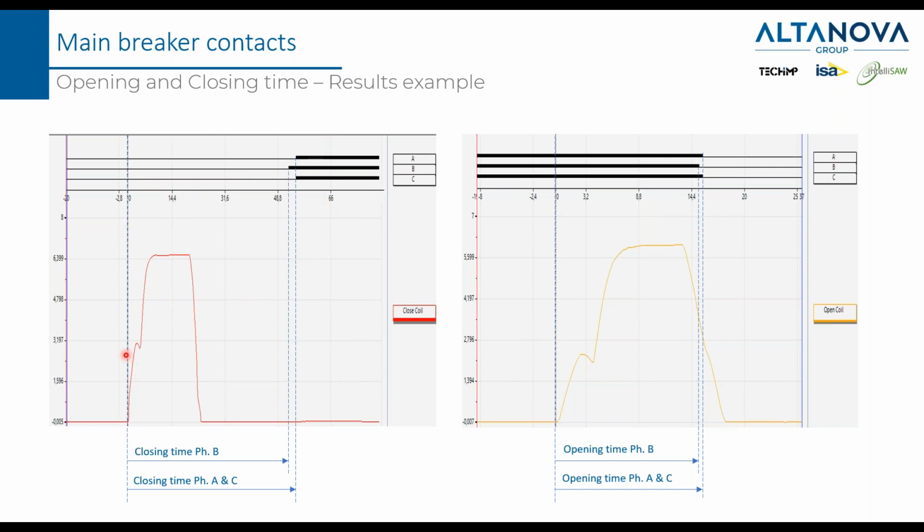Starting from the moment when the current starts to flow, that is where the timer starts to count. From here to here, phase B, this is the closing time for phase B, and from here to here is the closing time for the other two phases, A and C.